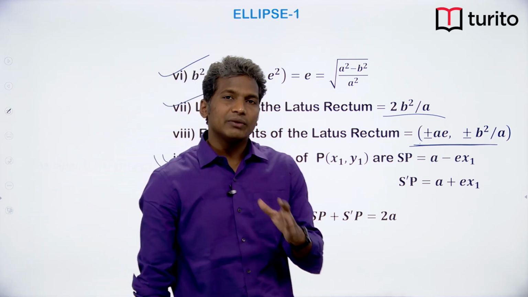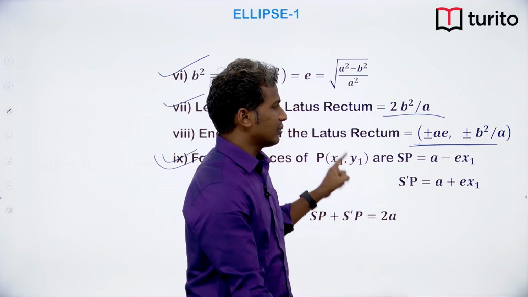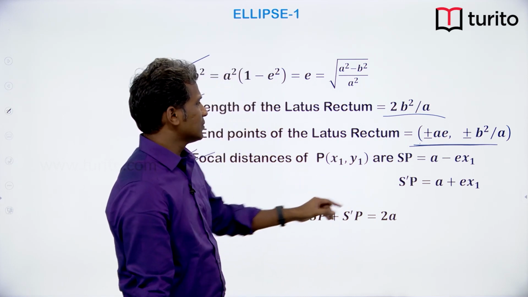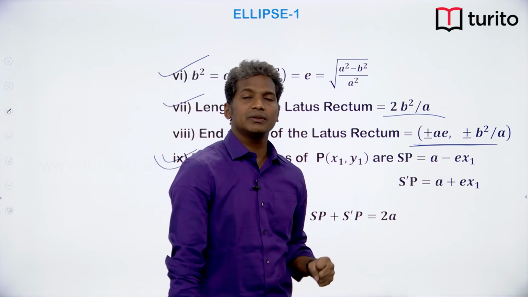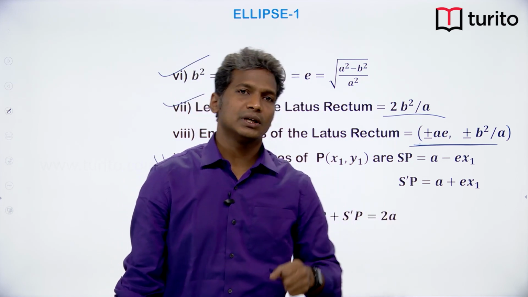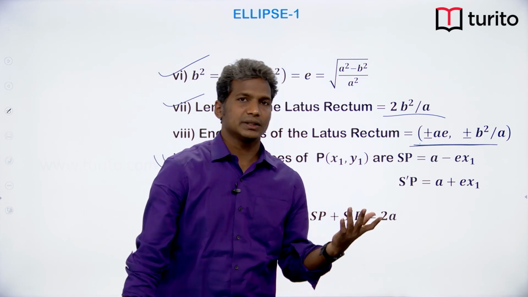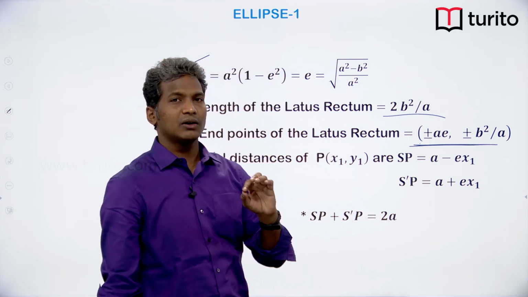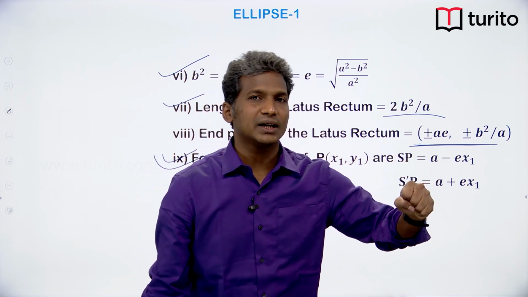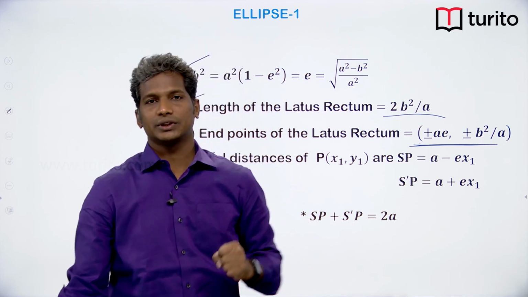Just like the way we have a formula for focal distance of parabola, we also have a focal distance formula for ellipse and hyperbola. So a − ex1 will always give us the distance of the point from the first focus, and from the second focus a + ex1 will give us the distance. Whenever we say first focus or second focus, always the focus on the right side is your first focus, and the focus on the left side is your second focus.